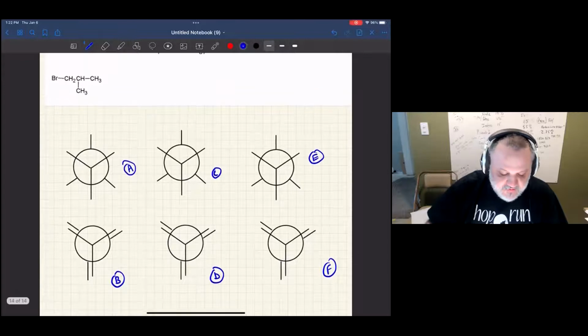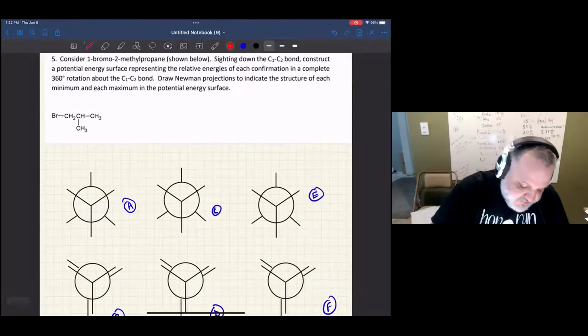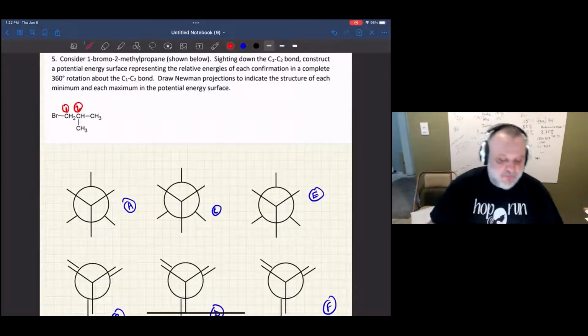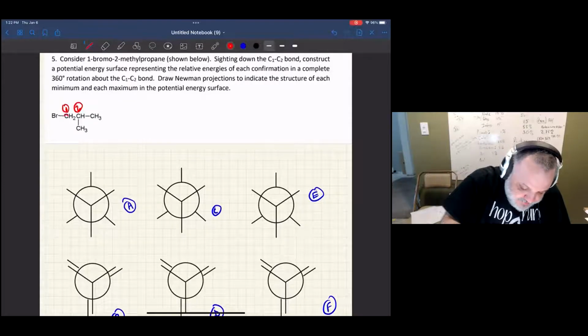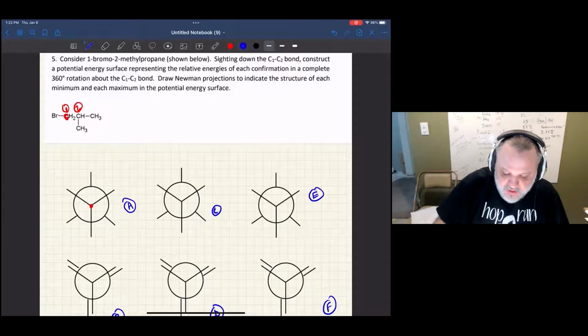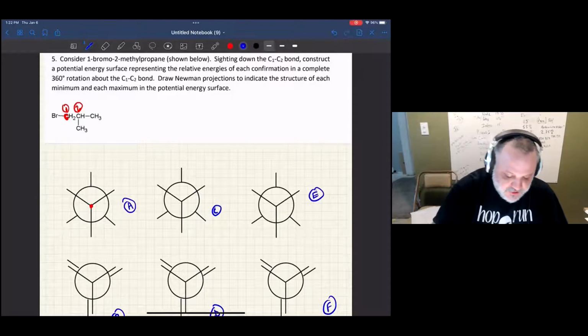Okay, and so it says to start with C1 and C2. The most important thing to do is identify C1 and C2 so that you can correctly build the structure. What that means is that this carbon C1 is the one in the middle of the cross at the front of the Newman projection.